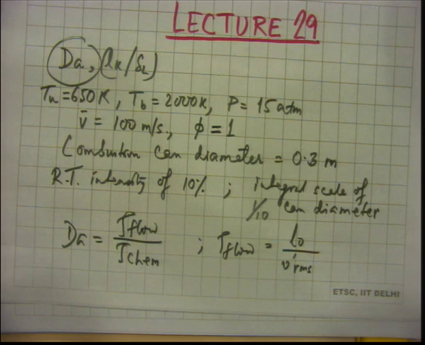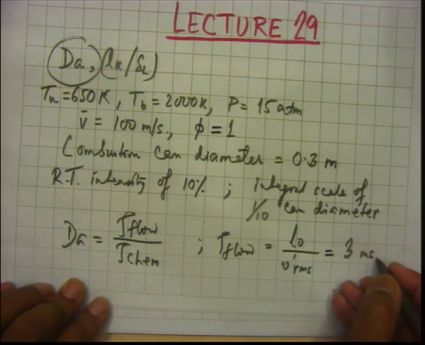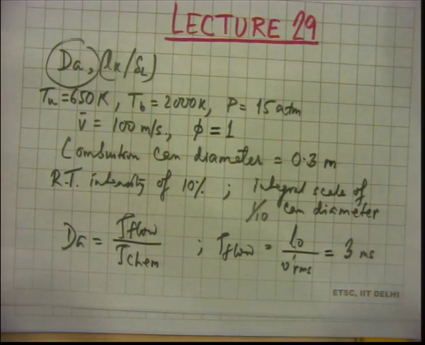Do we know LO? Yes, it is 1/10 the can diameter, and the can diameter is 0.3 meters. Do we know V prime RMS? It is given as 10% of the mean velocity, and the mean velocity is given as 100 meters per second. So, if you use all that, then you will be able to get tau flow as 3 milliseconds.